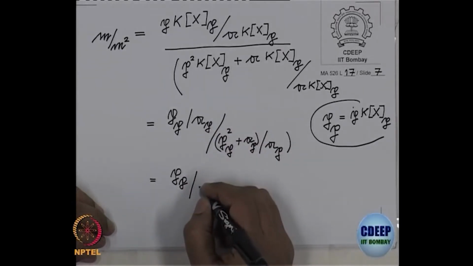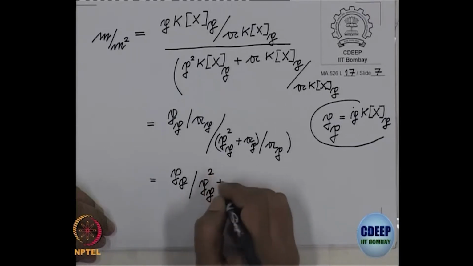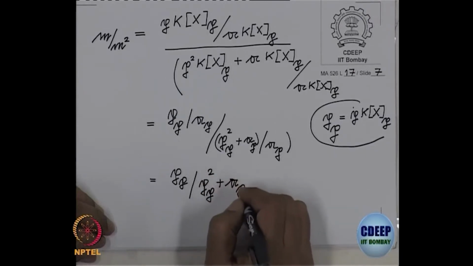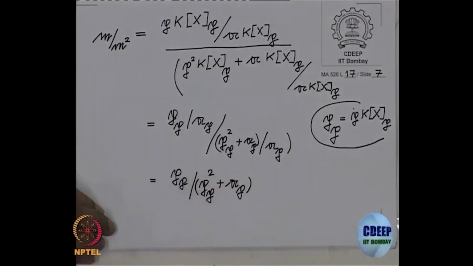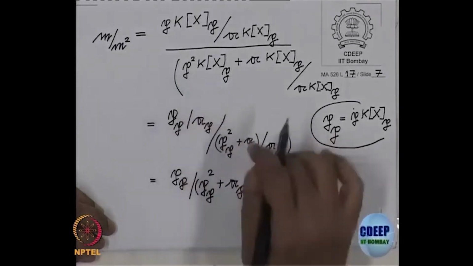So, this is P square_P plus AP, this is it, right. This and this will go, so this quotient.